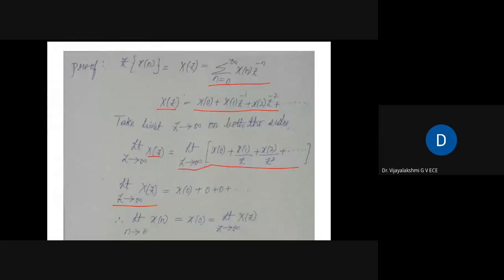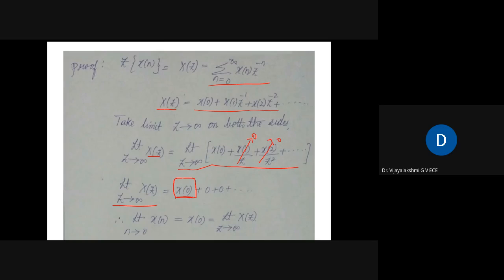What is happening, see here, I have x of 0, I don't have any z term, so it remains unchanged. So I get x of 0 itself. Here, x of 1 into z power minus 1 is there. That can be written as x of 1 divided by z. Apply this limit, z tending towards infinity. What will happen? x of 1 divided by infinity. This becomes 0. Similarly, all these terms become 0 continuously if you take the limit. So finally, you are left only with x of 0. So this is our initial value.